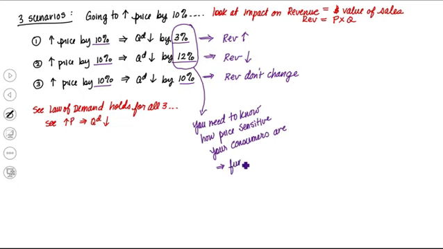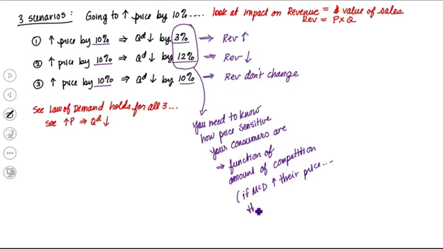So this is clearly going to be a function of the amount of competition, for example. So if McDonald's increases their price, there are very close substitutes.